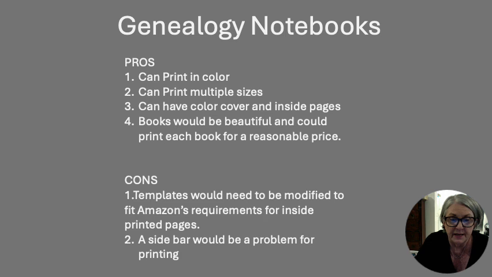Then the books would certainly be beautiful, and you could print each book for a very, very reasonable price. It's hard to predict the price because it depends on the number of pages you have, if it's color, if it's black and white, if it's a Kindle publication, if you're just having a digital publication that you'll be selling, or if it's a paperback, or if it's a hardcover. So all those things factor into the price.